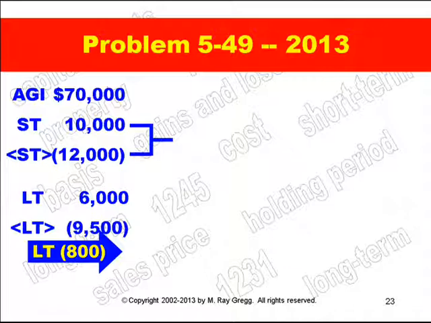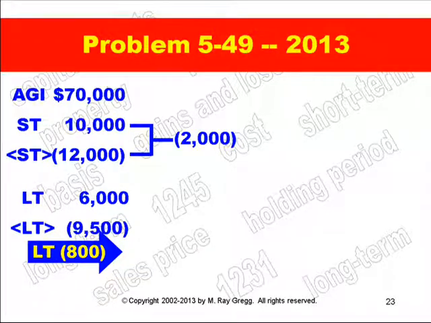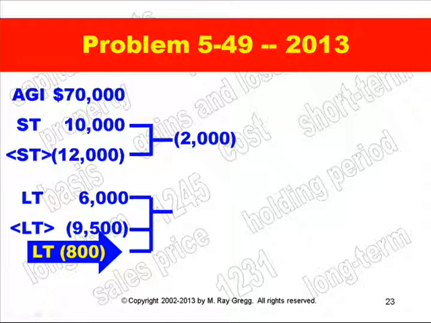A $10,000 short-term gain reduced by a $12,000 short-term loss would net to a $2,000 short-term loss. The three long-term items are to be grouped: a $6,000 gain minus a $9,500 loss and an $800 loss, net out to a $4,300 long-term capital loss.